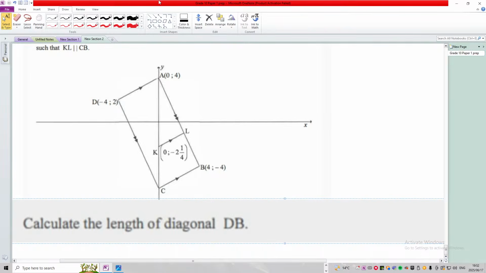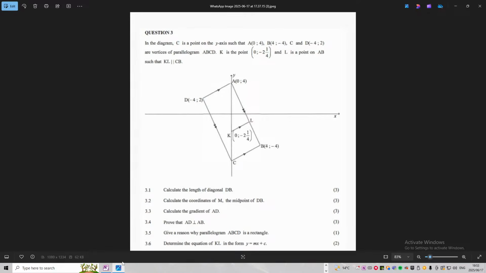Which question is this? Question 3. Okay, let me just check my distance formula. Let me recheck the distance formula.